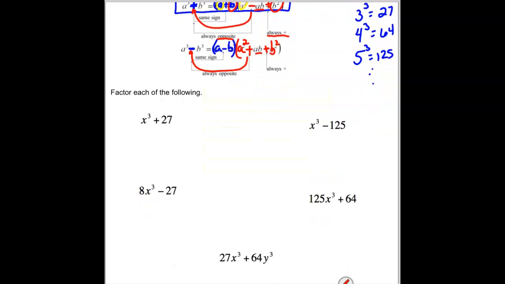So the first step is to find the root. If you take x cubed and cube root it, you just get an x. Okay? If you take 27 and cube root that, you get a 3. So my roots are an x and a 3. The first sign is always going to match what I started with.